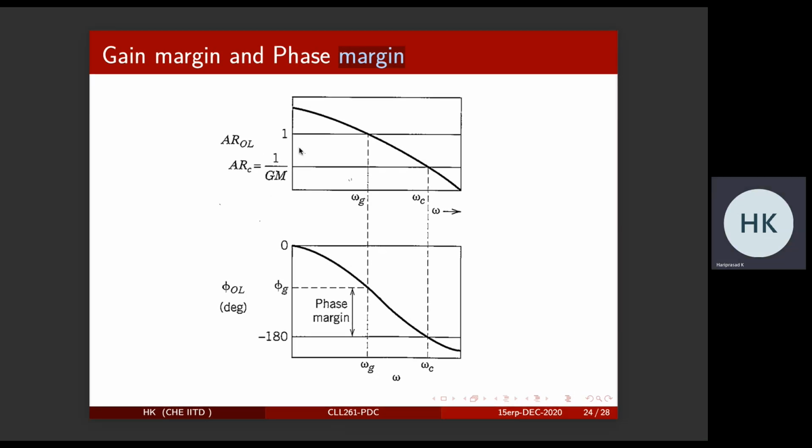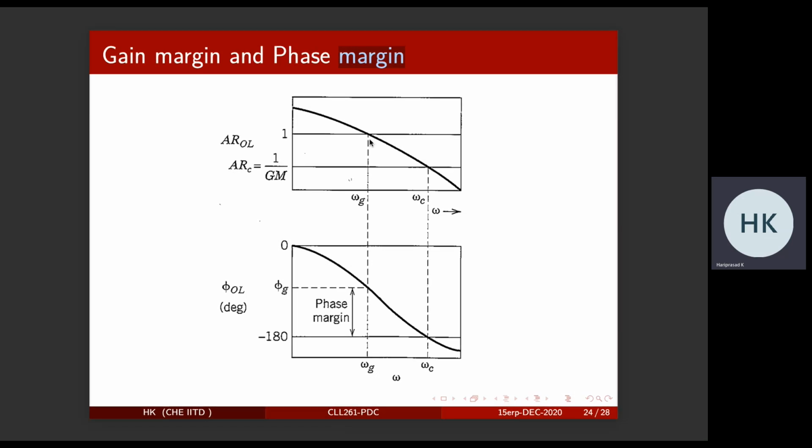The inverse of that is called the gain margin. You get what is known as the critical amplitude ratio, and its inverse is the gain margin, which showcases how safe you are from the stability limit from the amplitude perspective.